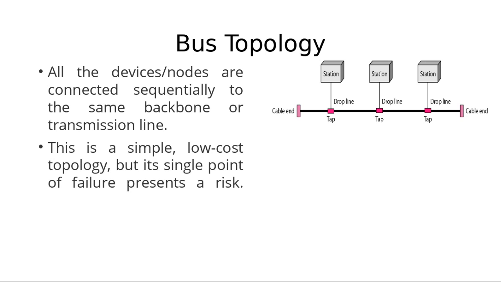So this is a simple, low cost topology, and if there is a failure at one particular device, it will not affect the other devices. However, if there is a fault in the central cable, the backbone, then it is going to have an impact on the whole topology.